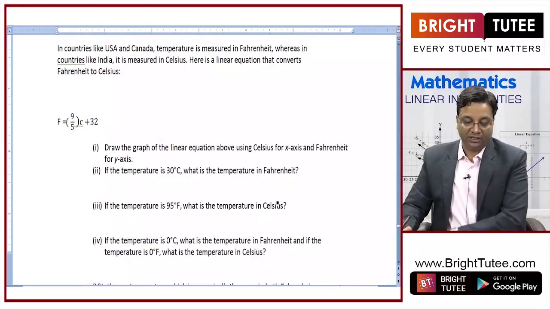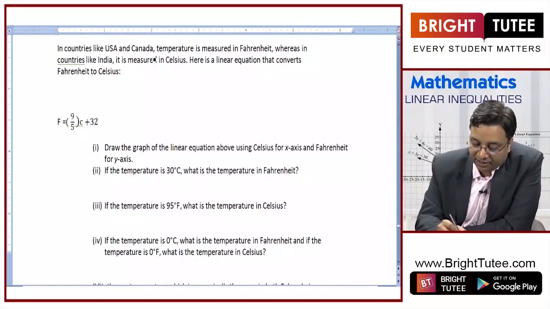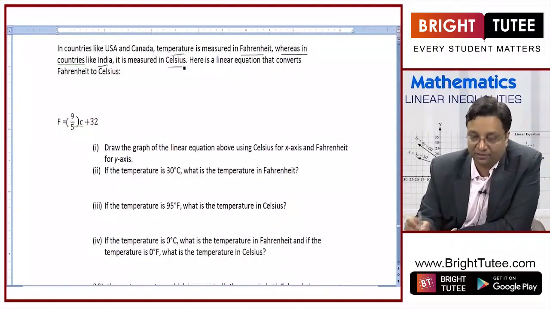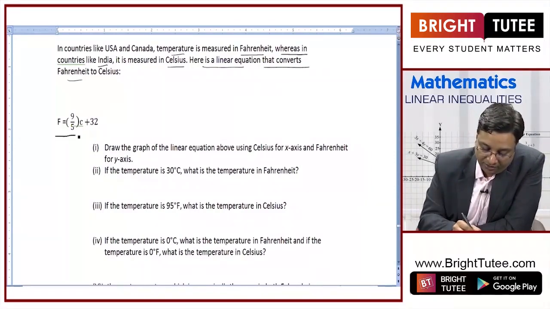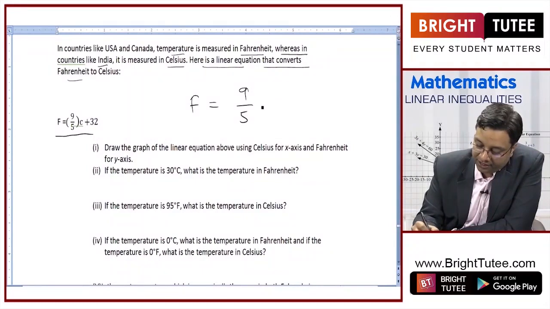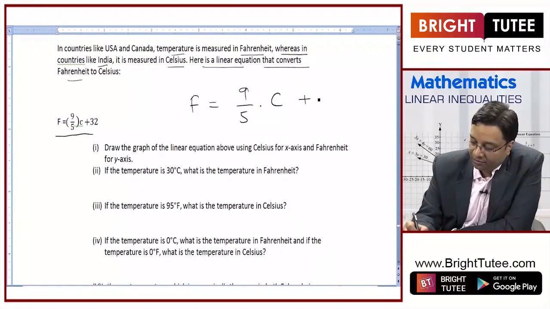Let us attempt this question here. In countries like USA and Canada, temperature is measured in Fahrenheit, whereas in countries like India, it is measured in Celsius. Here is the linear equation that converts Fahrenheit to Celsius. The equation is Fahrenheit is equal to 9 by 5 into Celsius plus 32.